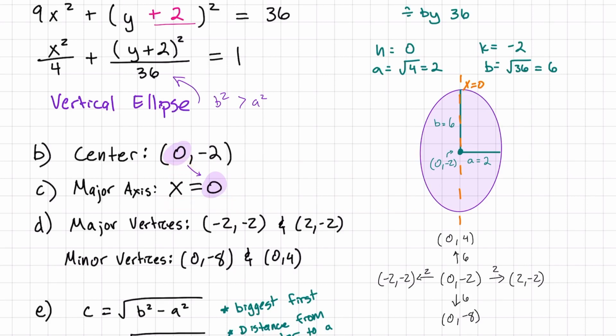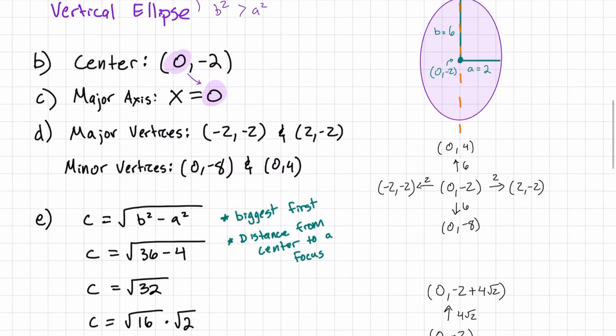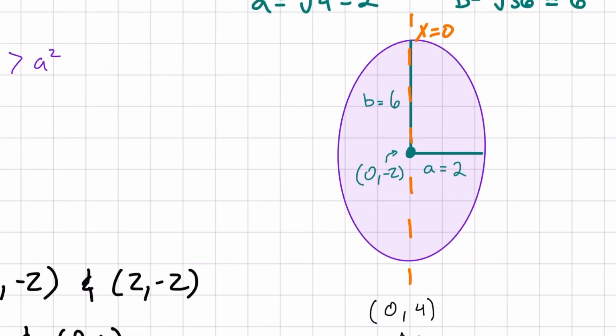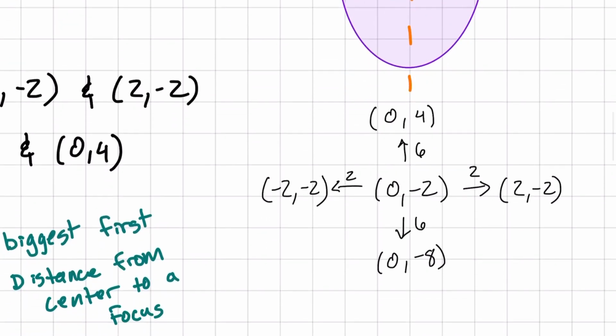All right, so now what about our major vertices? How do we find that? All right, so remember how I said over here, I have my center, and I'm going to go left and right 2, and then up and down 6. Well, let's just do that, but let's stick some numbers on it.